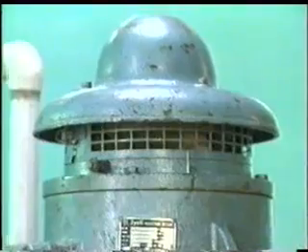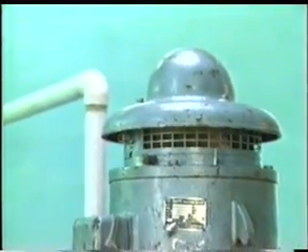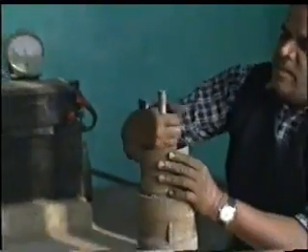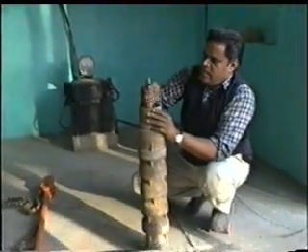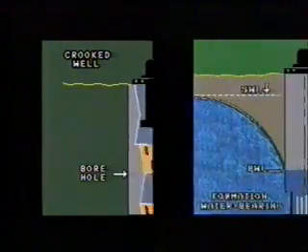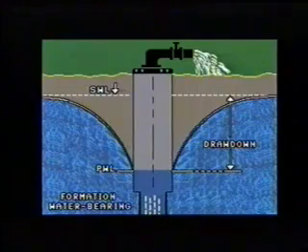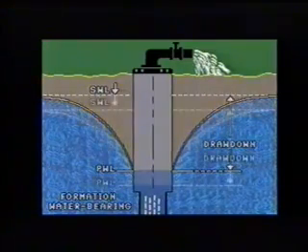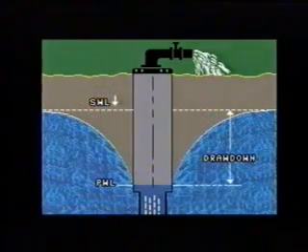Excessive vibration of pump may result from reasons such as imbalance of impeller or from the pump being installed in a crooked well. Any decline in static water level may reduce the well capacity.